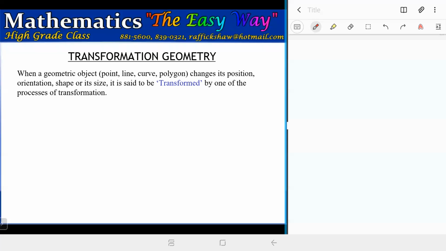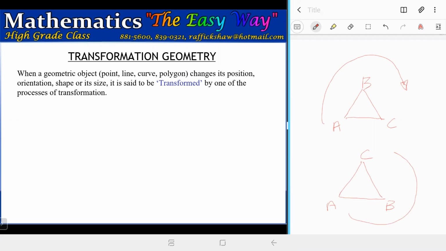Let me explain orientation. I think maybe orientation is the one persons might not understand fully. If I write A, B, C on this object, it means that it has a clockwise orientation because the letters are going around the object in a clockwise direction. If I write another triangle and I write A, B, C this way, then it has an anti-clockwise orientation.